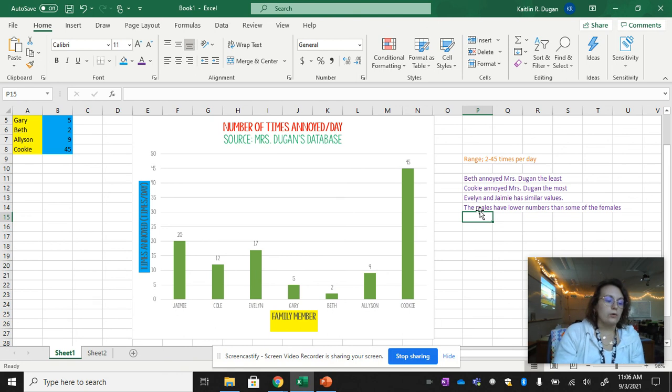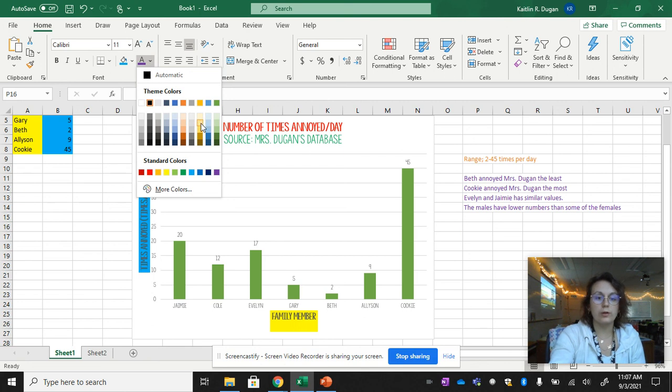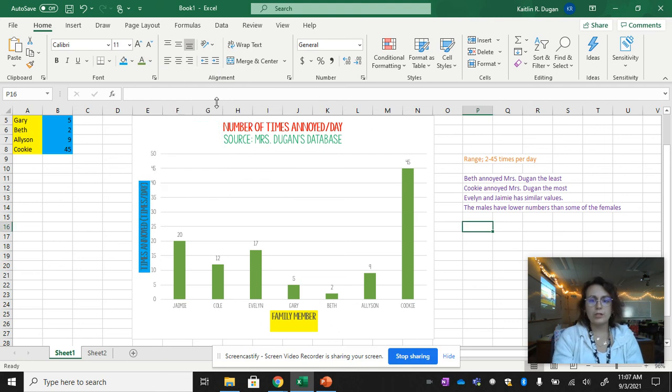Now what we're going to do is we are going to summarize. So what do we know about this graph? When we summarize, we are making sure we're using complete sentences and that we're trying to paint a picture with our words about what the graph is all about. So let's start off.